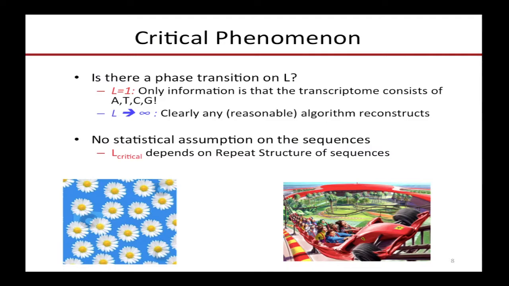So in some sense, the complexity of transcriptome reconstruction, or in this case, a jigsaw puzzle assembly, depends on the repeat patterns inside the sequence. This one, which has lower entropy, is harder to reconstruct. This one, which is higher entropy, is easier to reconstruct.